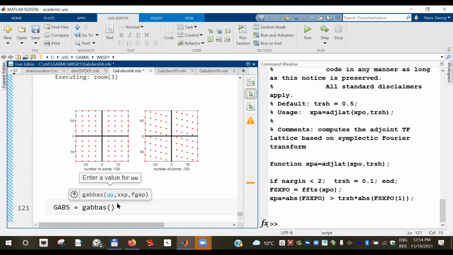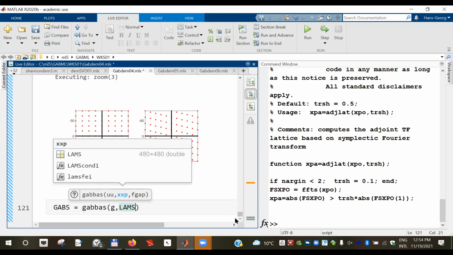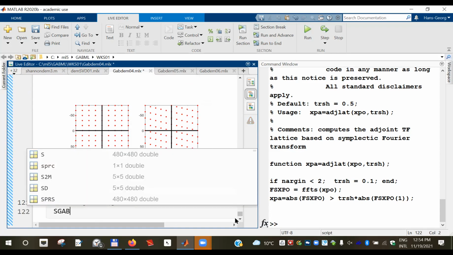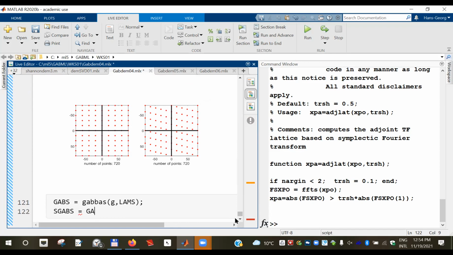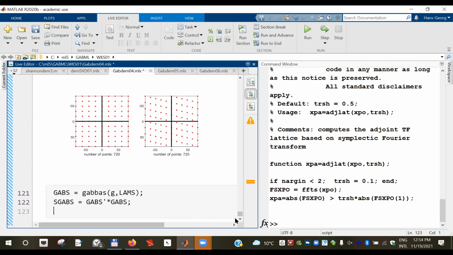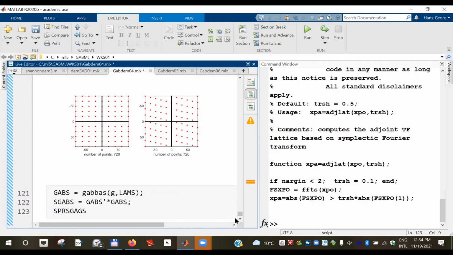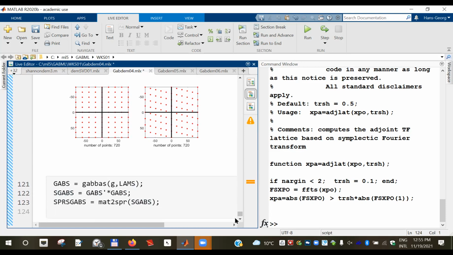Now it's not anymore so easy to generate this, but this is something you do at the beginning only. So I take the same Gaussian window, but I take this 0-1 set, which is the slanted gamma. I do this frame operator of this, which is we do coefficients and then synthesis. And then I would like to say the spreading function of this S GABs is mapped to spread of S GABs. And then we would like to see what we can do.